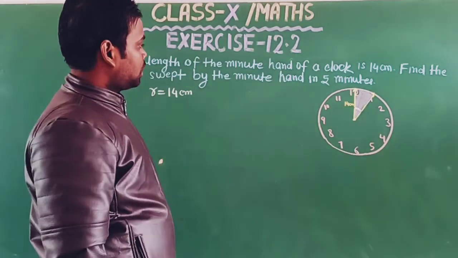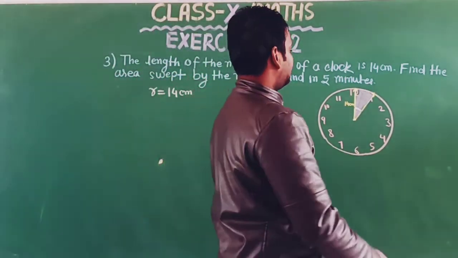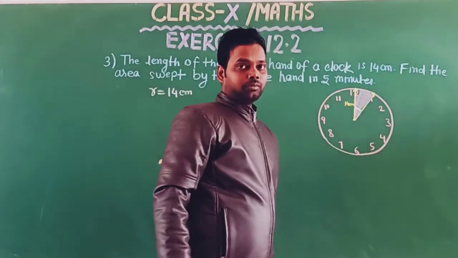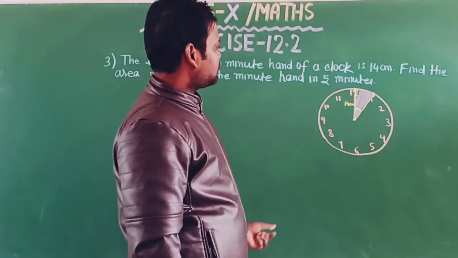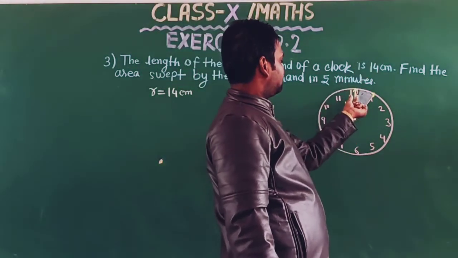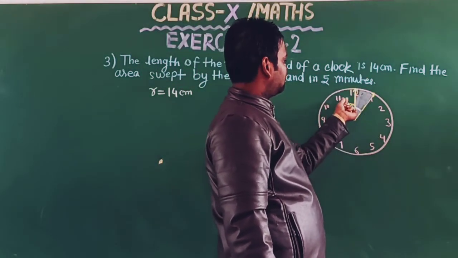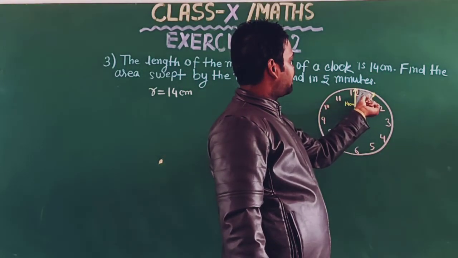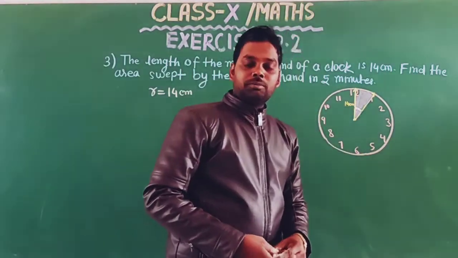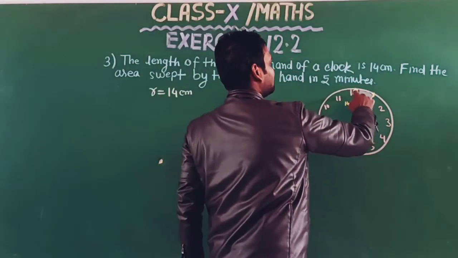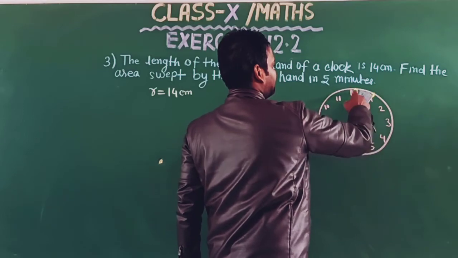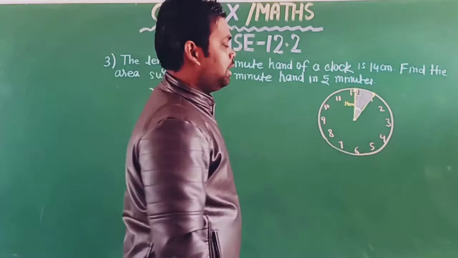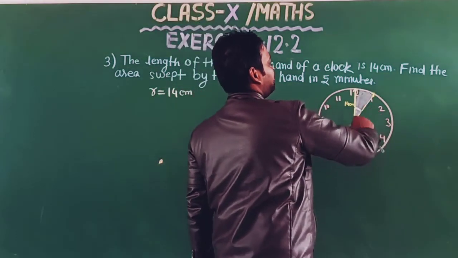Okay, so dear children, we can say if the minute hand completes one revolution, then it takes 60 minutes. This means the total time taken by the minute hand is equal to 60 minutes, and this makes one complete angle.